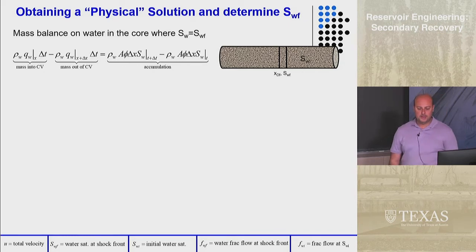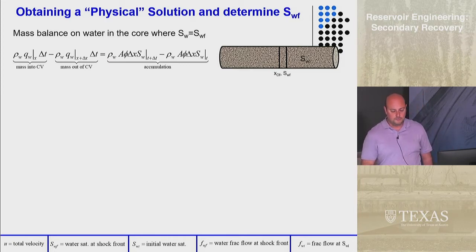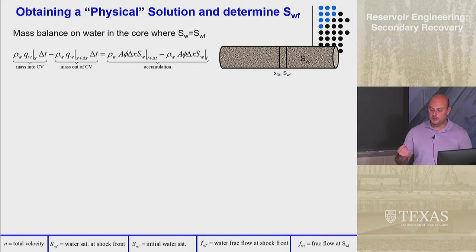So if I do my mass balance, the mass of water into that control volume, that little sliver between those two lines, is given as the density times the water rate times delta time. That's what goes in, and what goes out is the same thing, but at a different position. The water rate is going to be different at x and x plus delta x.